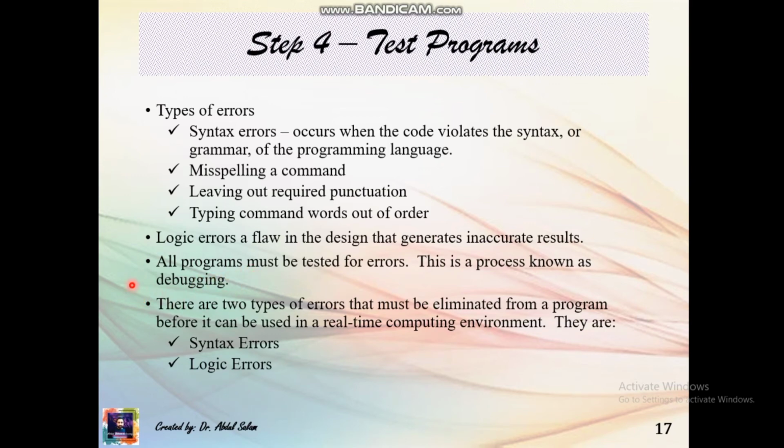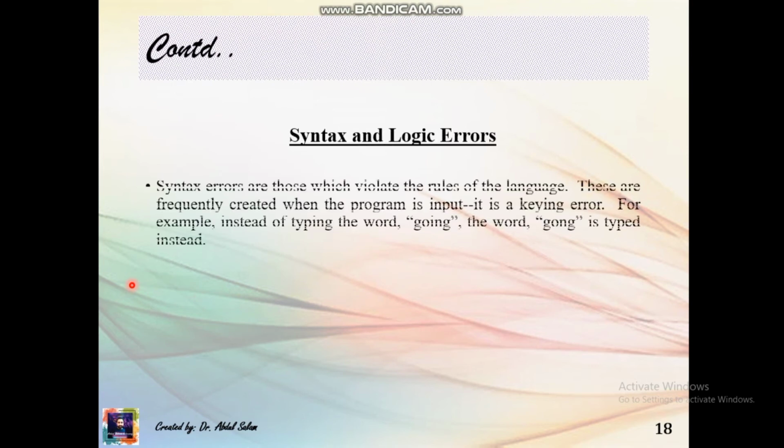There are two types of errors that must be eliminated from a program before it can be used in a real-time computing environment: syntax errors and logical errors. You have to remove both errors, then you will get the perfect and required output of your program. Syntax errors are those which violate the rules of the language, as I told you in the previous slide.